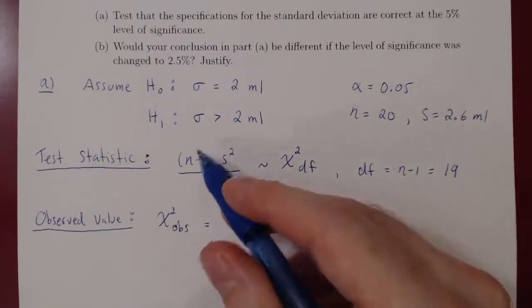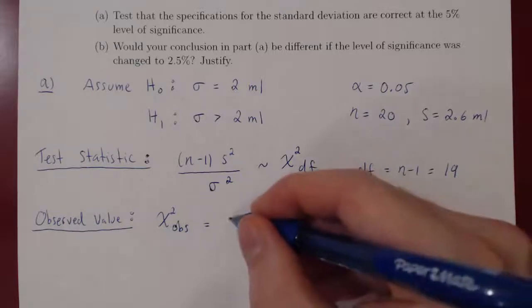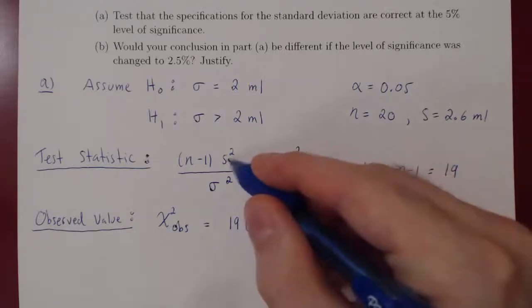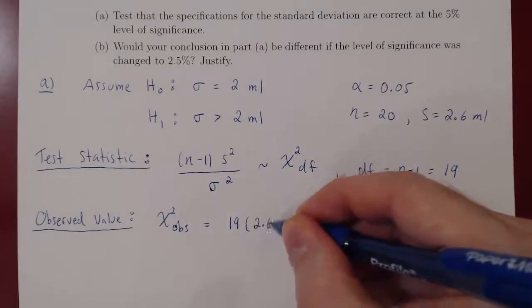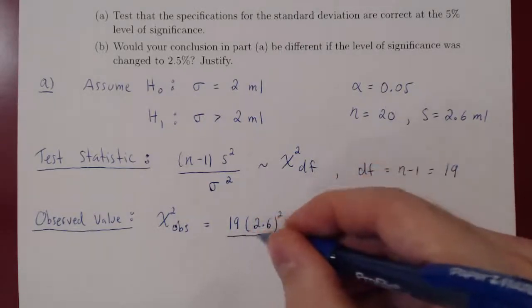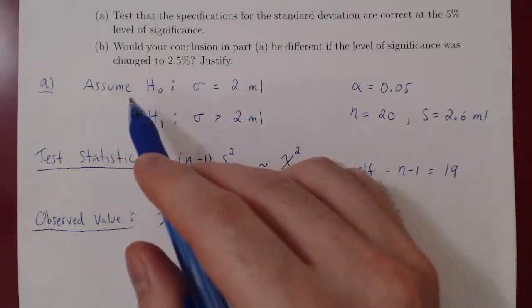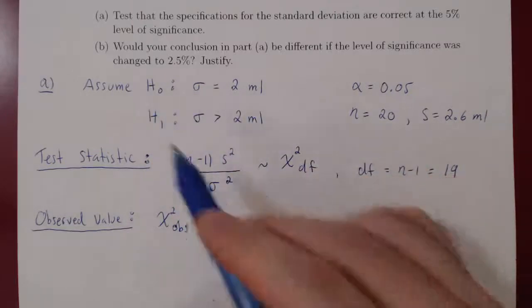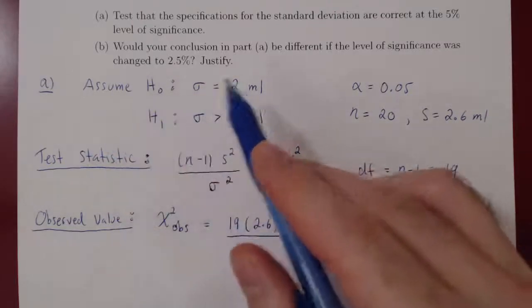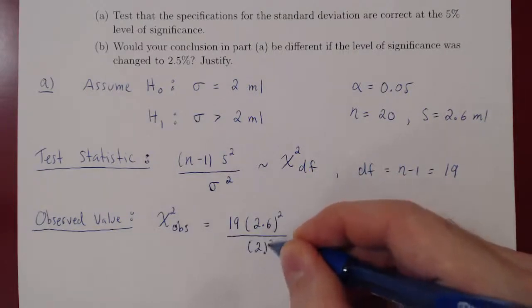In our case, n was 20, so n minus 1 is 19, times s squared, but s was 2.6, so it's 2.6 squared over sigma squared. Because we are under the assumption that sigma equals 2, giving the null hypothesis the benefit of the doubt, we get 2 squared.